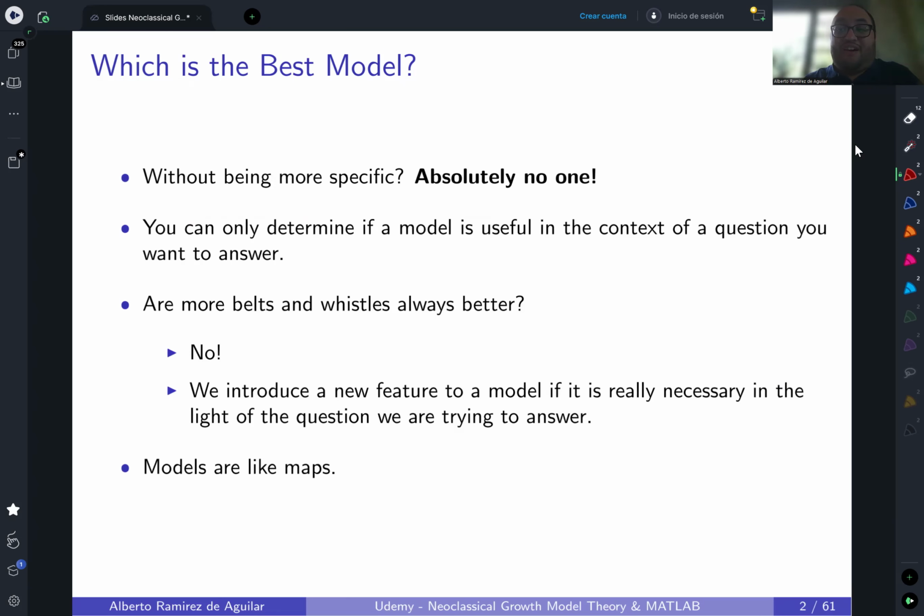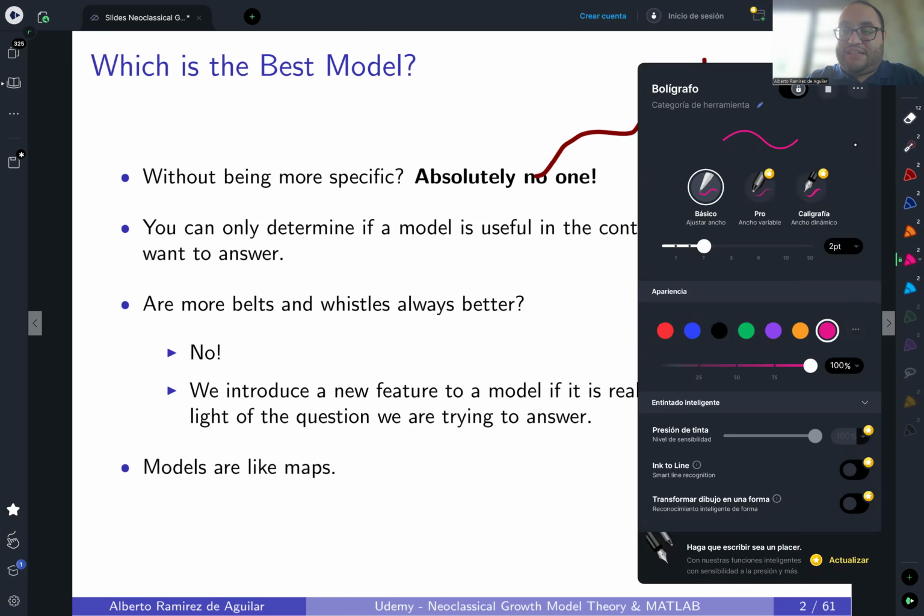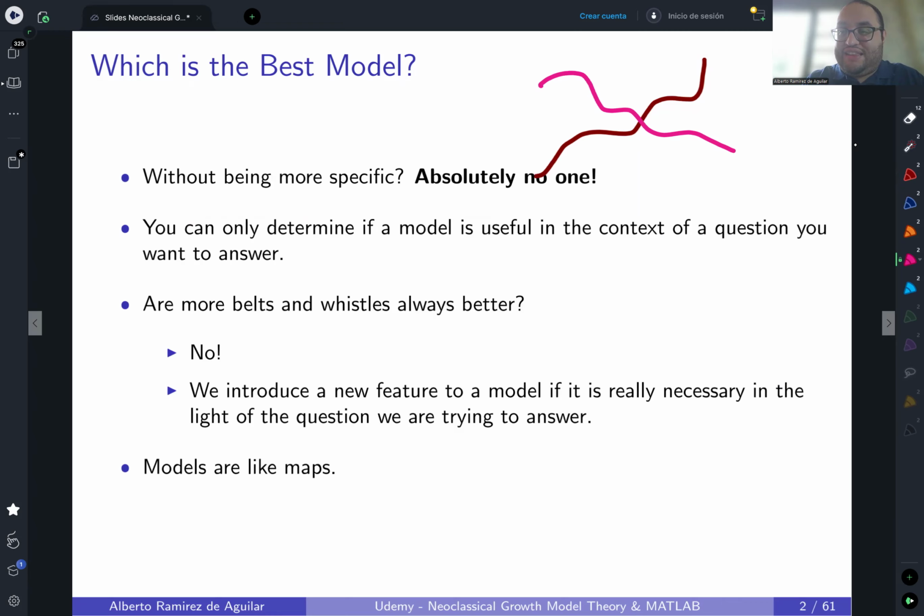But there are other types of maps, such as the subway map. The subway map tells you, well, the city is like this, there's a line that goes like this, etc. But the subway map doesn't have any specifics on where the streets are, or where the restaurants are.